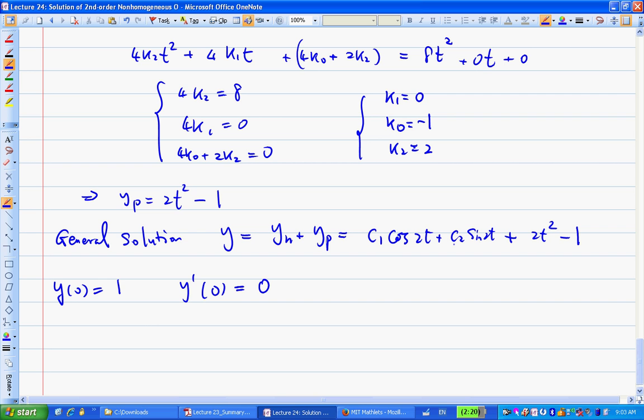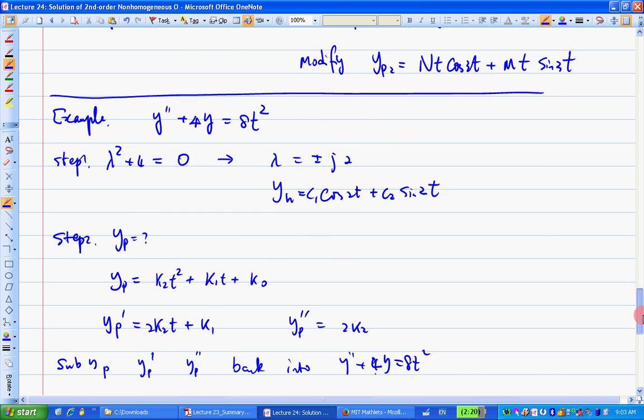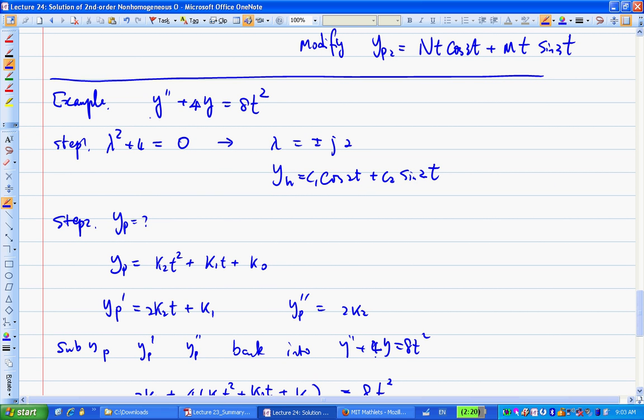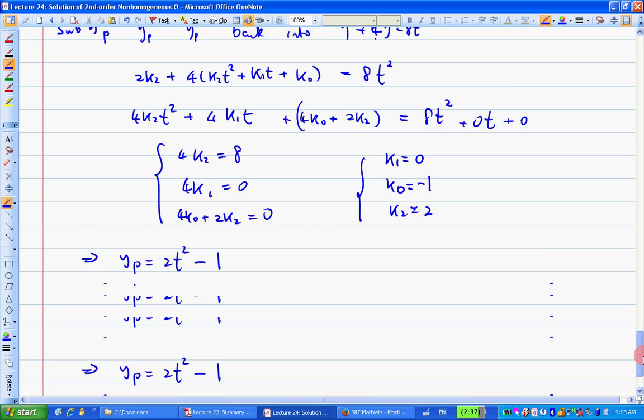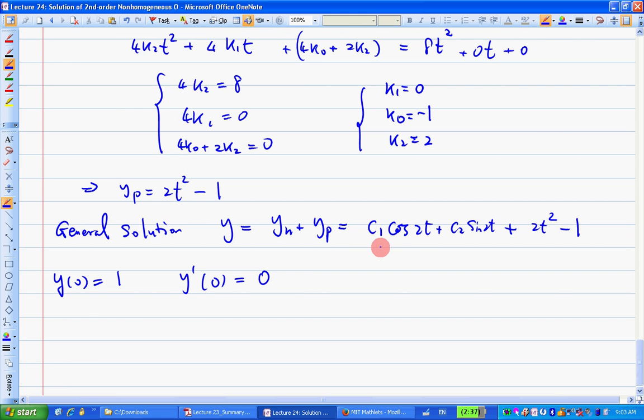Here's a common mistake I've seen in the past: people solve for c1, c2 based on the initial conditions without including this term here. They start to solve for c1, c2 by plugging into just the homogeneous solution. But what you need to do is solve for c1, c2 based on the whole thing right here, right?